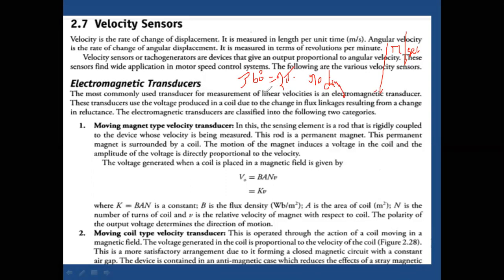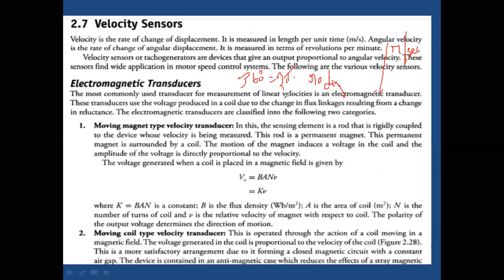So 1 degree equals 2 pi by 360 radians. By using this formula, we convert the angular displacement. In the case of an analog or digital meter, we obtain the value in degrees. In order to calculate radians, we use this formula to convert from degrees to radians.